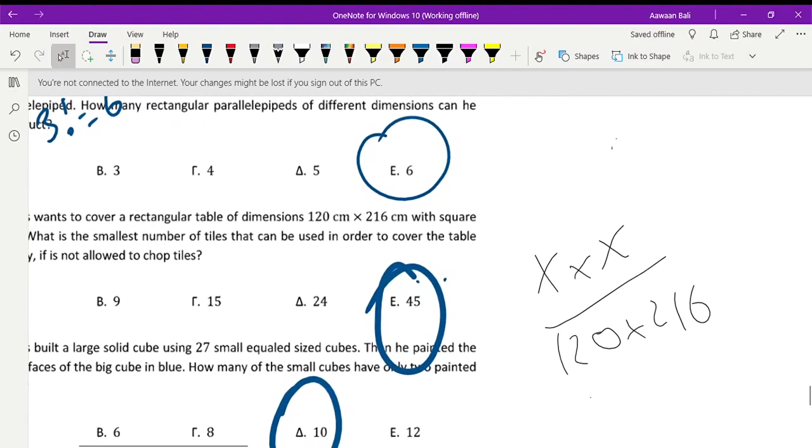It's a square number. So if it's saying you're not allowed to chop tiles, we need a factor which divides both 120 and 216. You realize that 120 divided by 4 is 30, and 216 is also divisible by 4. It's the same with 6 too. 4 times 6 is 24.